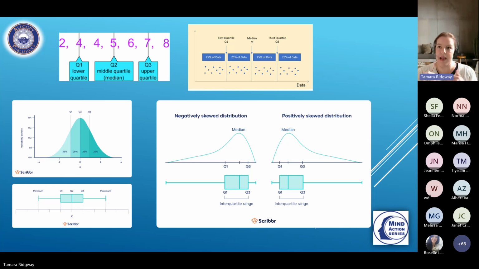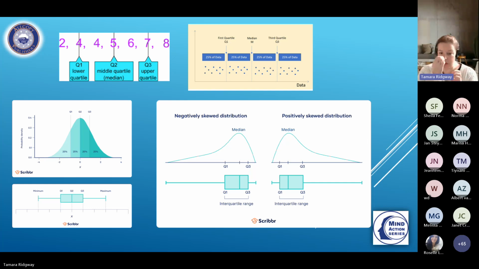And I like to show them, and myself too, the link between the graph versus this plot. And then, of course, we've got our negatively skewed and positively skewed, which Karen loved to chuck into the IAB exams. When your median is different, we talk about skewed to the left or skewed to the right.